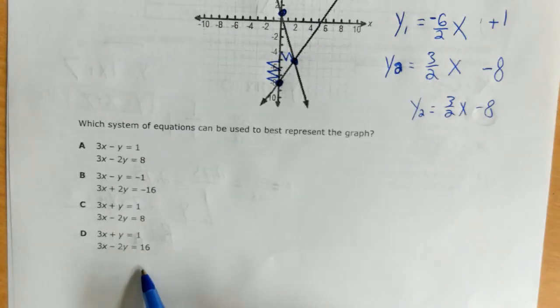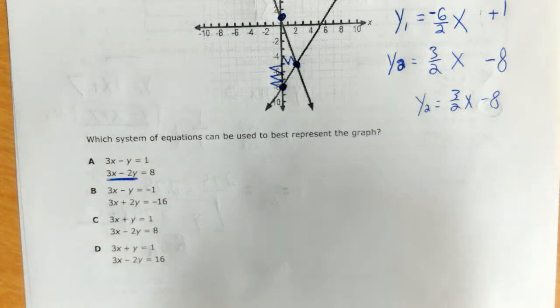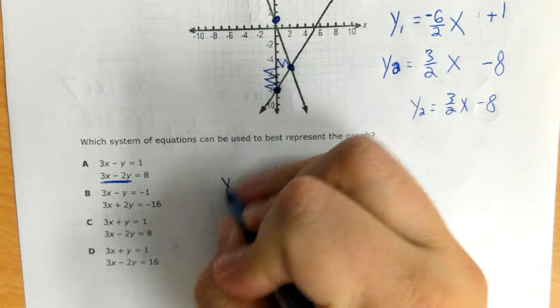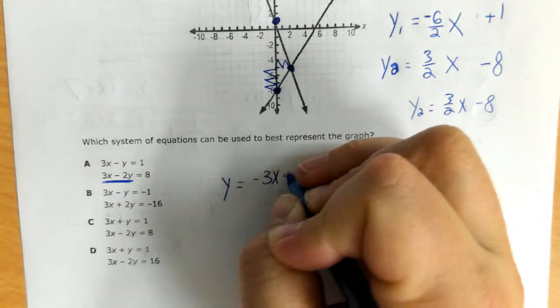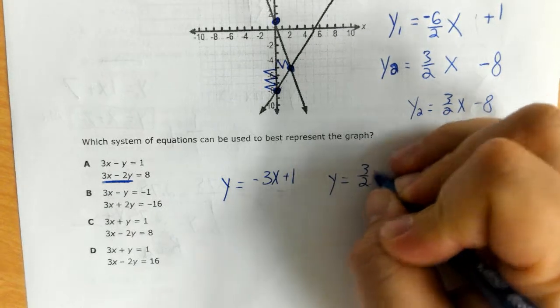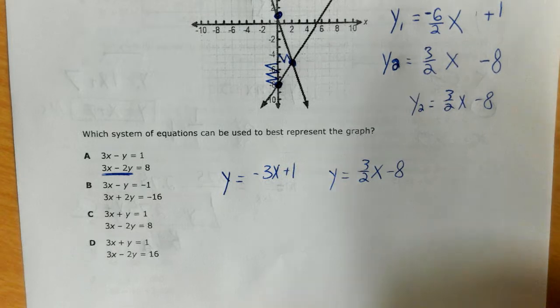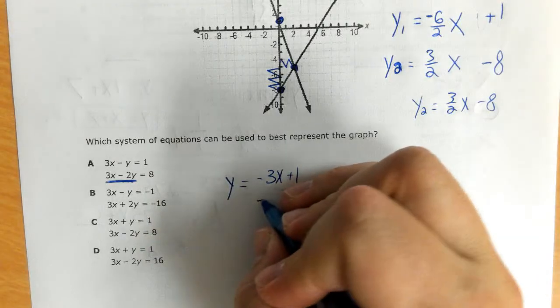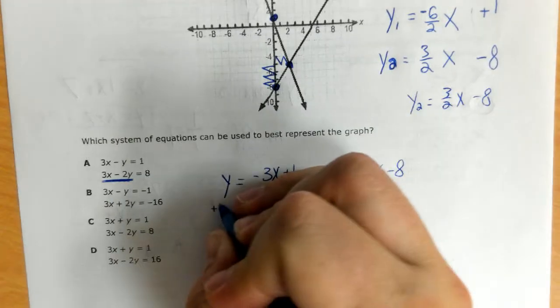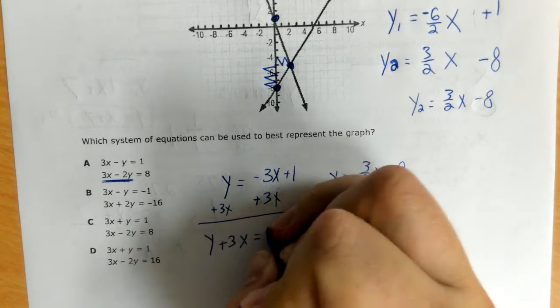Looking at my answer choices, they have them in standard form, right? X and y are on the same side. So I need to take my equations and fix them to standard form. I need to put x and y on the same side.